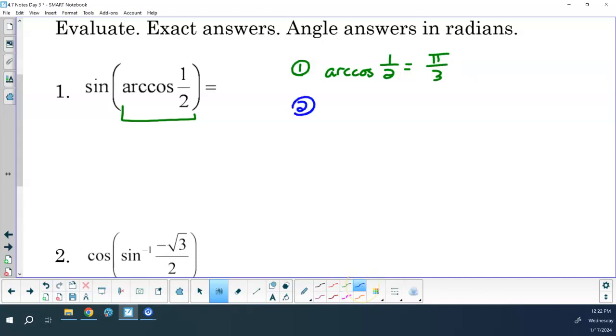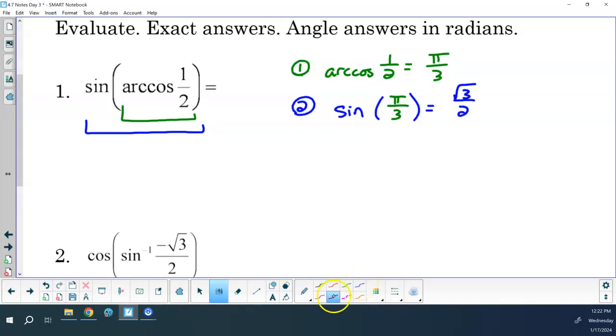Then you're going to find the sine of that angle. So you're going to find the sine of pi over 3. Looking at pi over 3, the sine is square root 3 over 2.